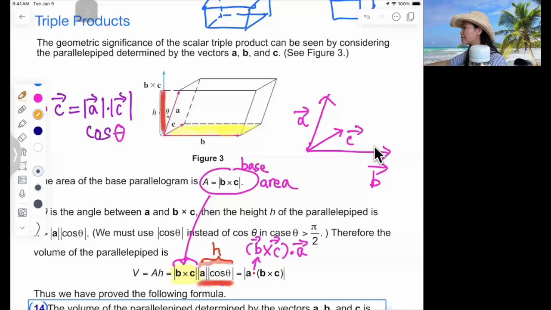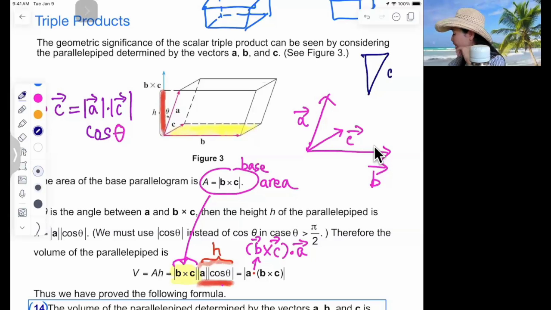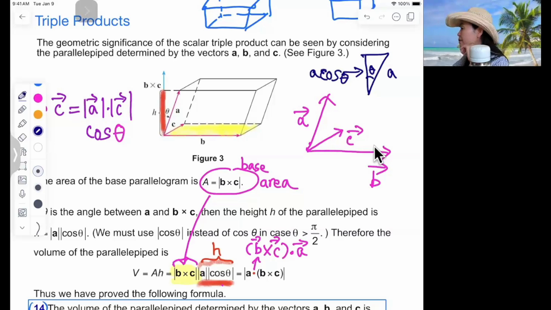Why? Okay, sure. The magnitude of A divided by H. Oh, I'm sorry, the other way. Why? Because this is the adjacent side. It's a right triangle. This is A, this is theta. And what will this be? That will be A times cosine of theta, right?